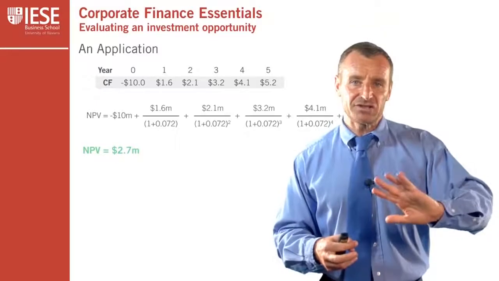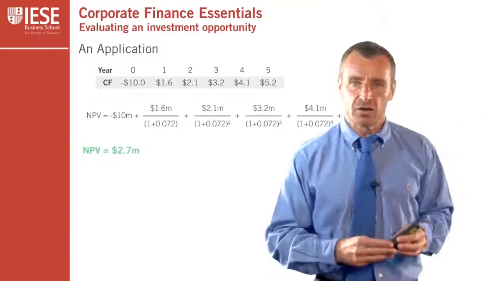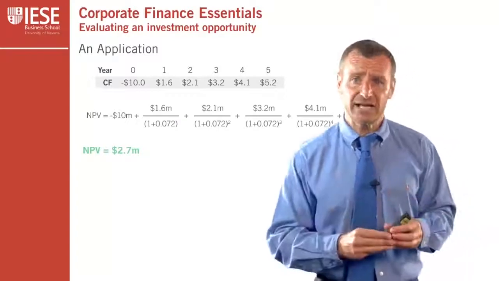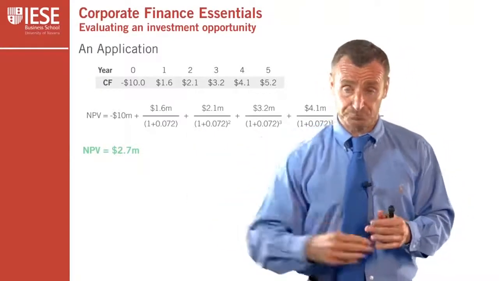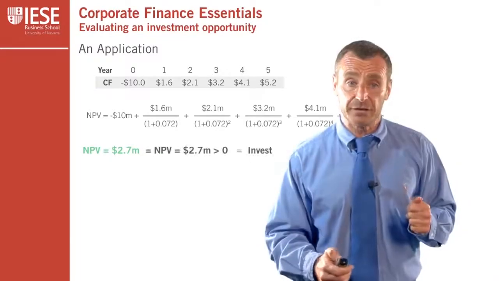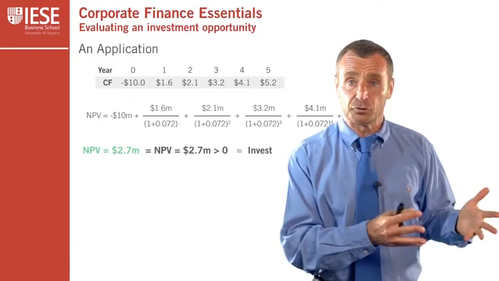Again, remember, this is not very complex to do. Excel will do that in a second for you. The real problem of evaluating an investment is foreseeing what these cash flows are going to be. But calculating that is actually not a very complex calculation. And in one of the exercises that I'm going to ask you to do, you're going to have to calculate one of those NPVs. That NPV of 2.7 million is obviously positive, and our rule was very simple.